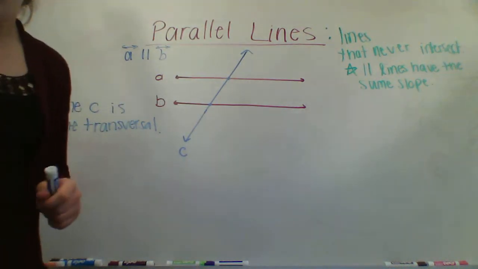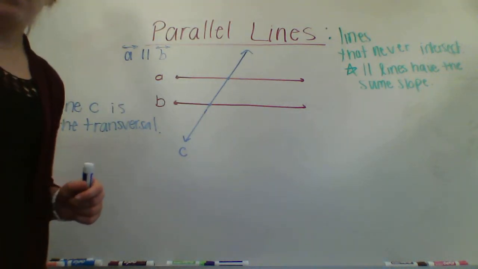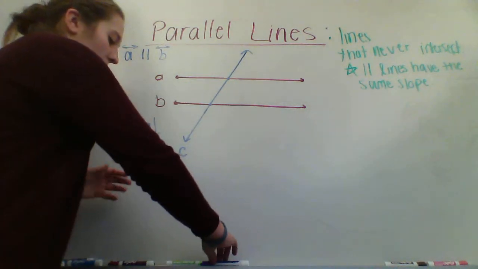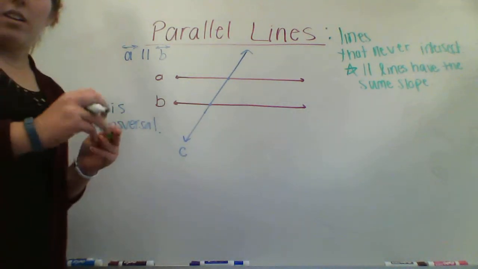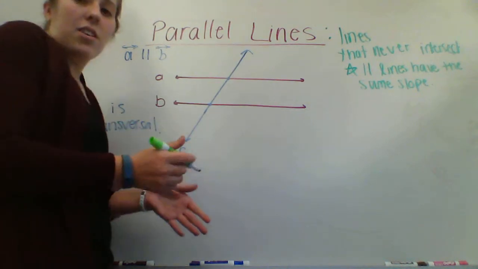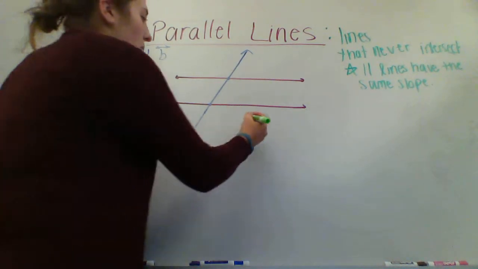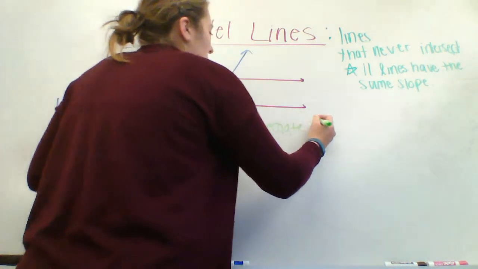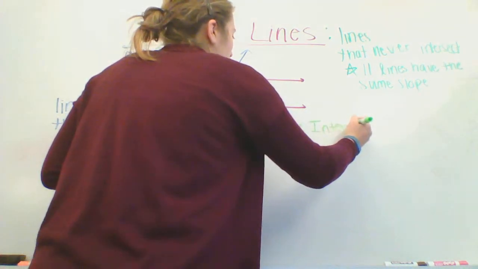And lastly, when you have two parallel lines cut by a transversal, you're going to get different angles and pairs that are created. So I'm just going to list a few, and in later videos we're going to get into them. So there's alternate interior angles.